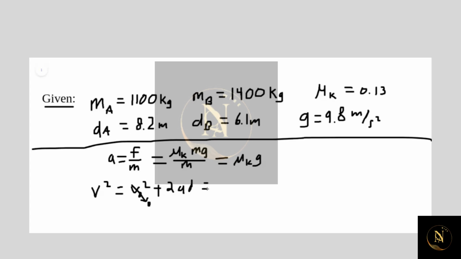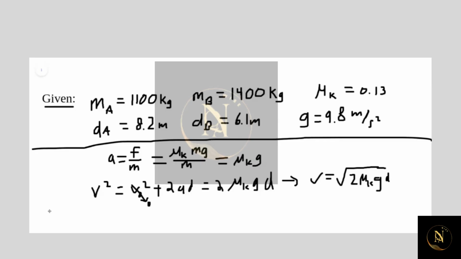So this simplifies to 2AD, but we just said acceleration is mu K times gravity times D. Therefore, V is equal to the square root of 2 times the coefficient of friction times gravity times the distance.